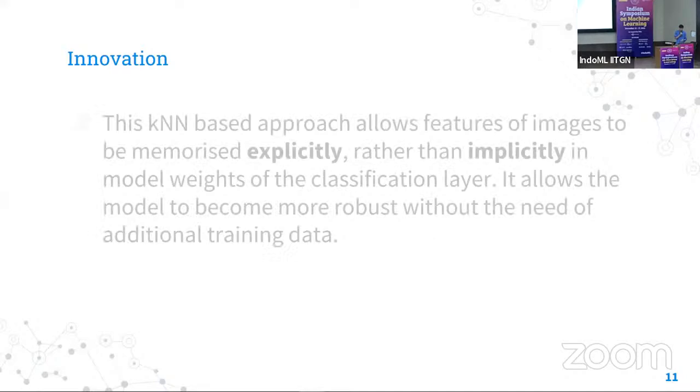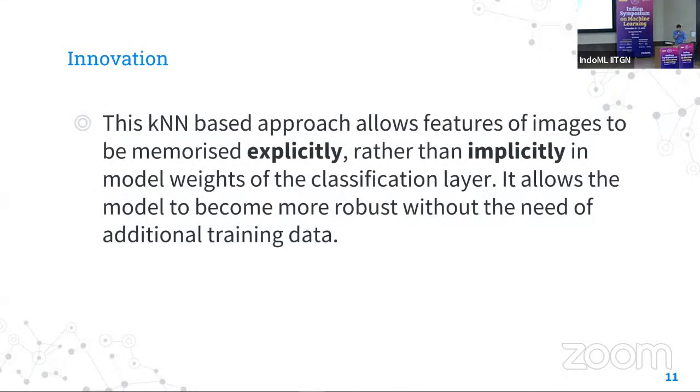Next I'll go over the innovation that this approach brings. The main point of this feature is that it allows transformers to memorize. Right now, transformers implicitly memorize factual information in their weights.